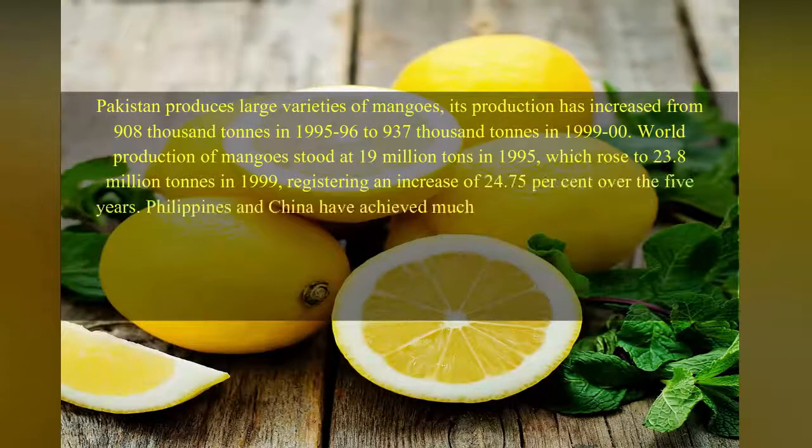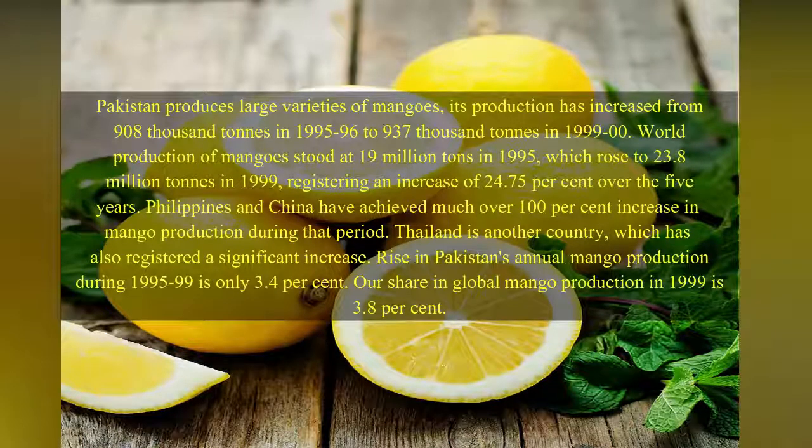Pakistan produces large varieties of mangoes. Its production has increased from 908,000 tons in 1995-96 to 937,000 tons in 1999-00. World production of mangoes stood at 19 million tons in 1995, which rose to 23.8 million tons in 1999, registering an increase of 24.75% over the 5 years.